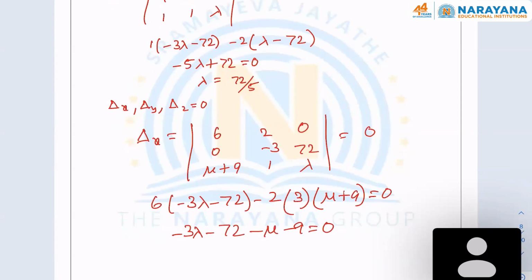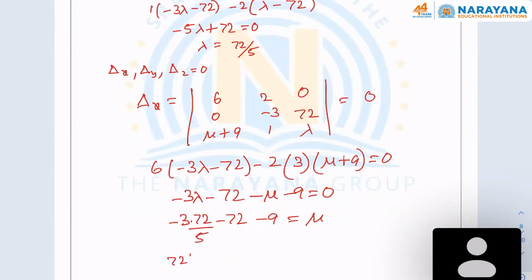So lambda is equal to 72 by 5, minus 3 into 72 by 5 minus 72 minus 9 is equal to mu. So minus 3 by 5 minus 1 means I'm taking out 72 common. So we are getting minus 3 by 5 minus 1, which is equal to minus 8 by 5 minus 9 is equal to mu. So let me check the answer.